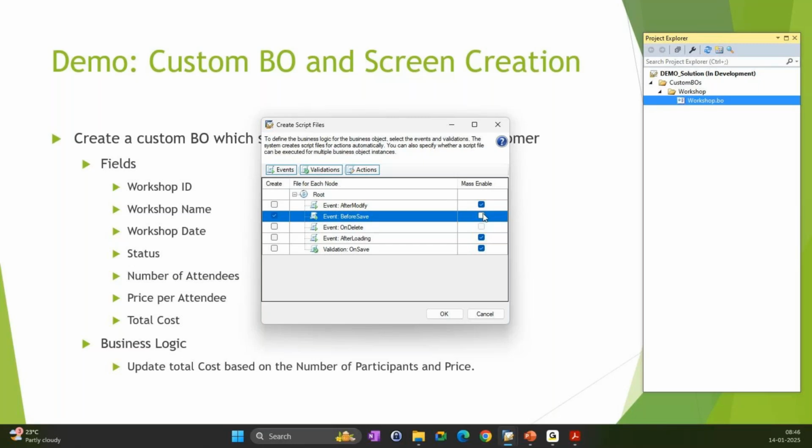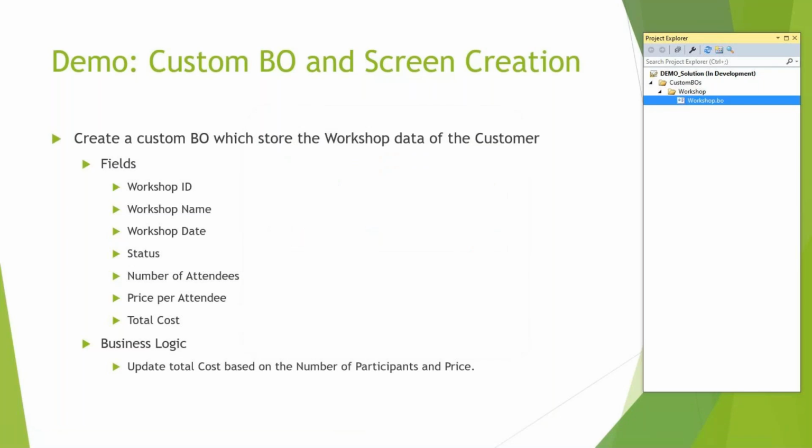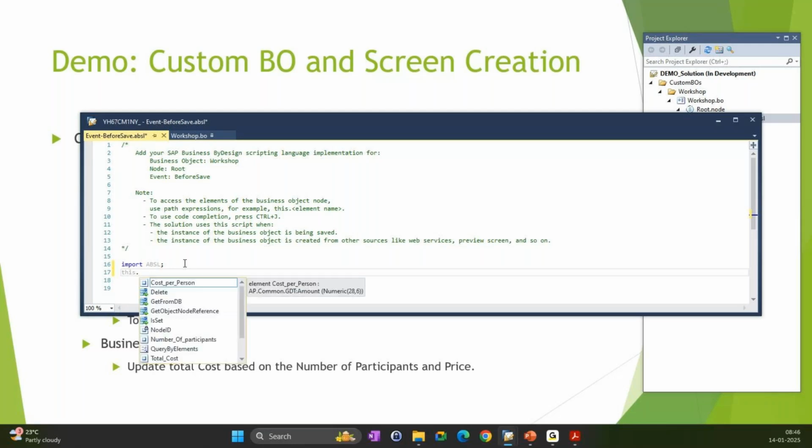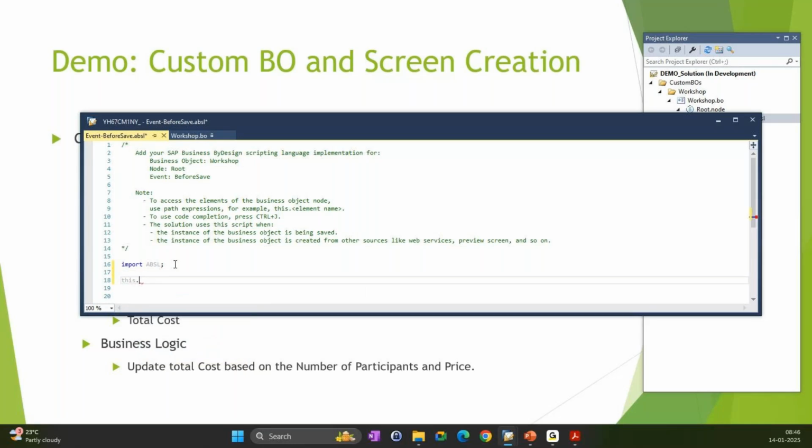Maybe I will show you here once it's created. You mean, if a BO holds 10 workshop IDs, it would trigger for every one of them? Yeah, we will mostly use mass enabled in MDROs, the mass data runs.